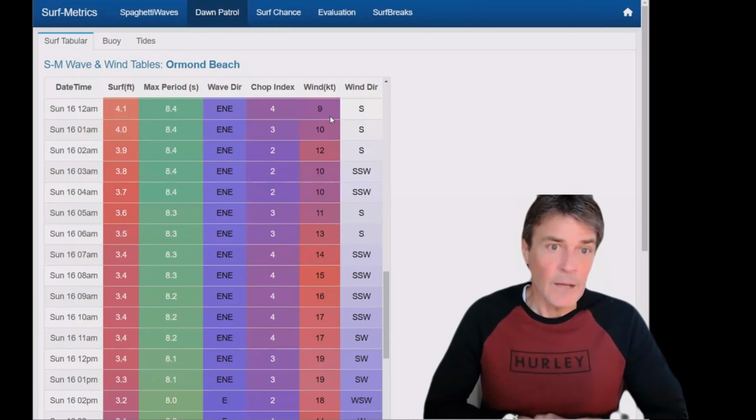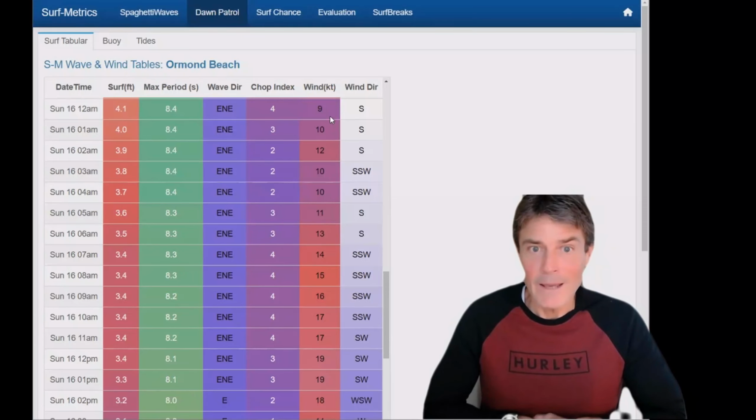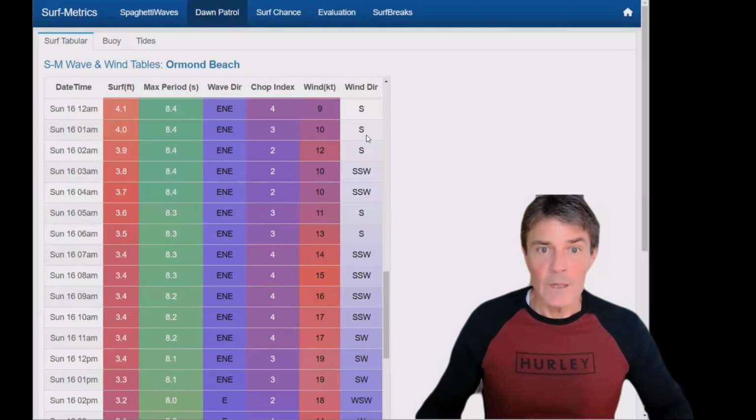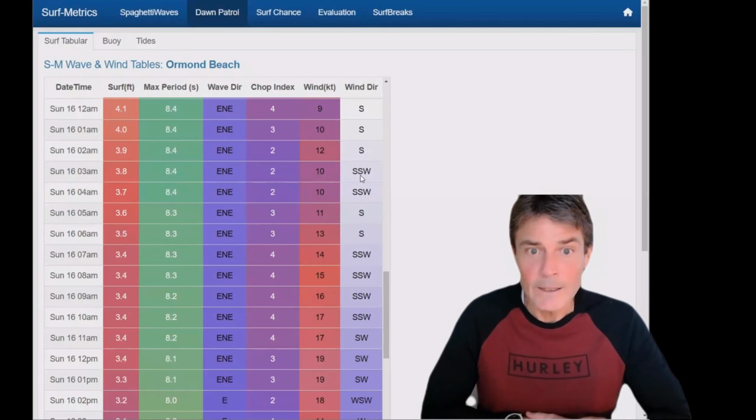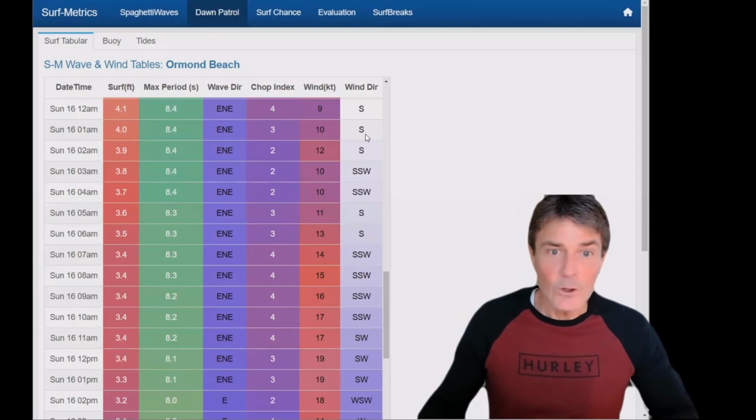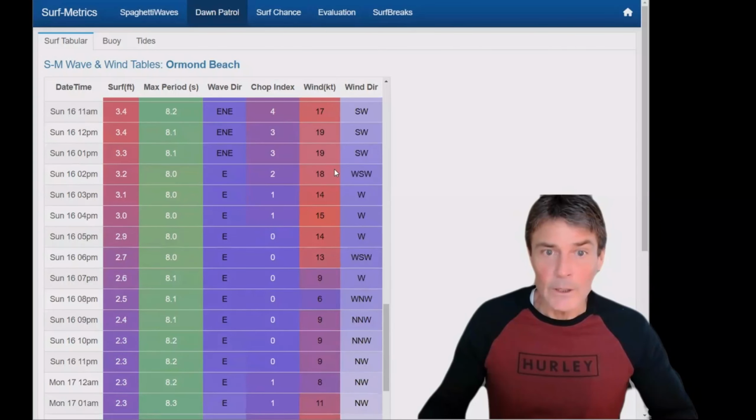But what's key about this table that many may not have recognized is that both the wave direction and wind direction coloration are done in a relative sense to the coastline. So you'll have cooler colors when the wave direction is directed towards the coastline, and cooler colors in the wind direction when it's favorable, or directed offshore.